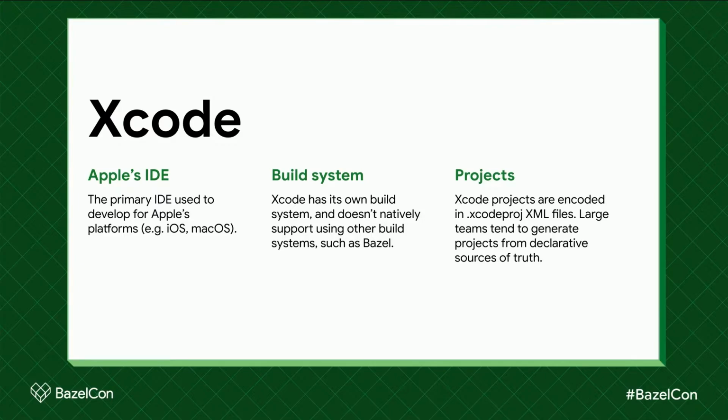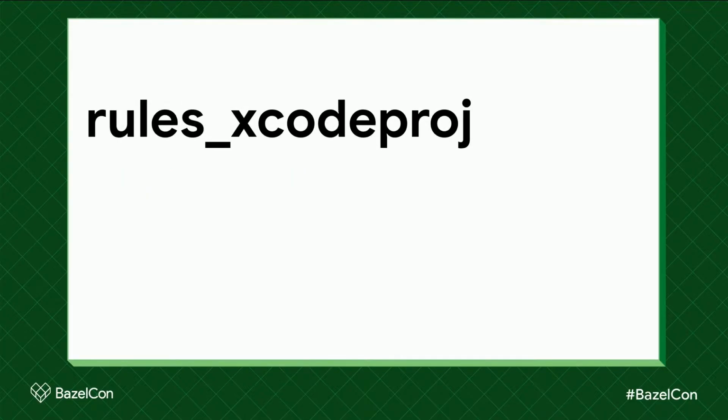This single, sometimes massive, XML file can be unruly for large teams to manage, so many of them generate their project from declarative sources of truth, such as YAML files, that end up behaving a lot like Bazel's build files. Now enter Rules Xcode Proj. Rules Xcode Proj is a simple, powerful, and fully featured Bazel-integrated Xcode project generator.